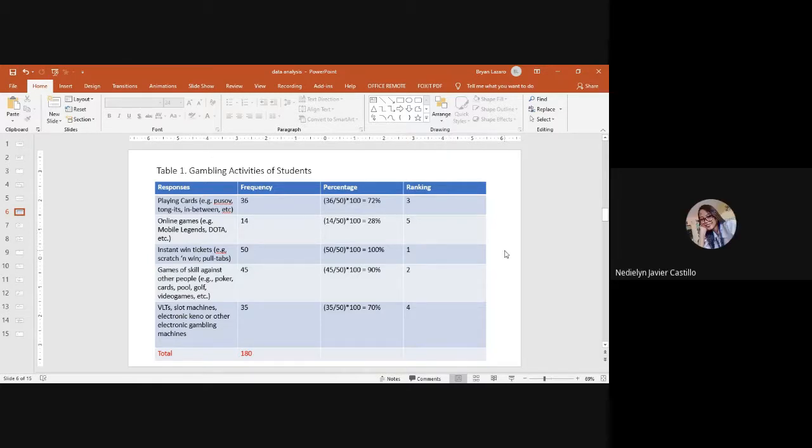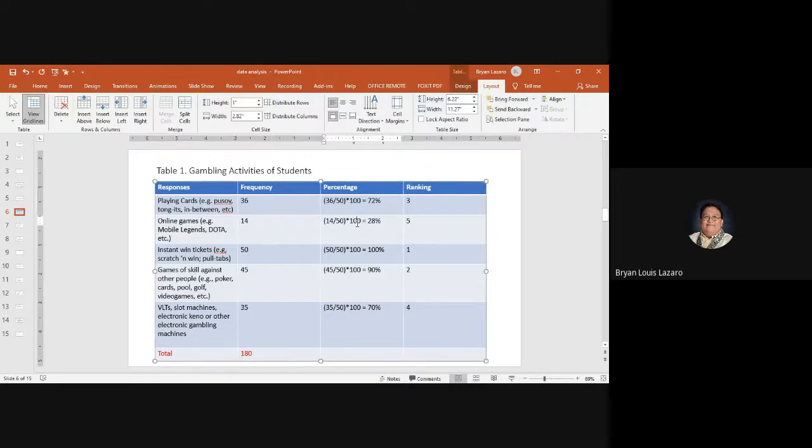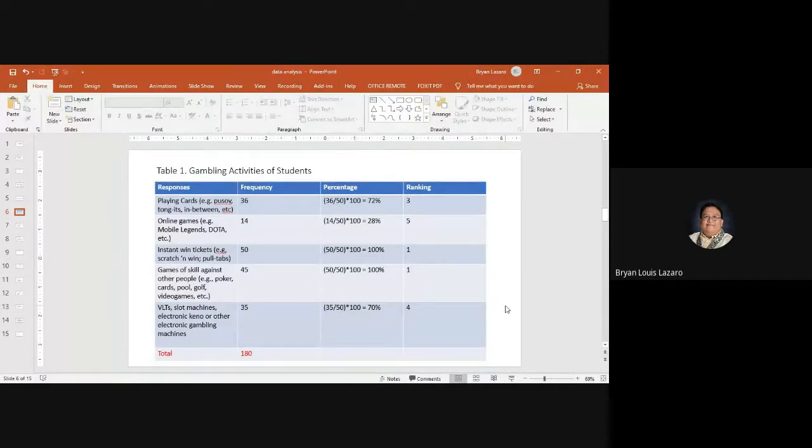Sir, paano po pag may nag-tie? Pag may nag-tie na siya, pareho sila ng number. Halimbawa, ito ay naging 50. Gawin ko itong 50, 100. Gawin mo na lang siyang 1. Kasi may iba kaming ginagawa kapag nag-tie.